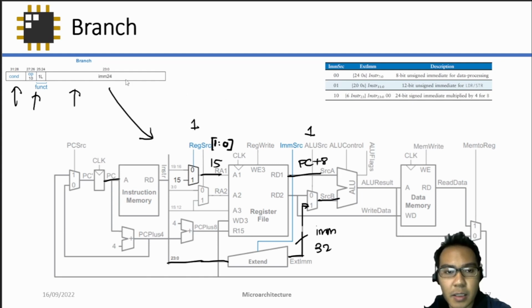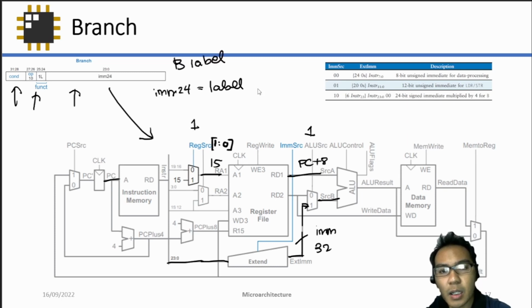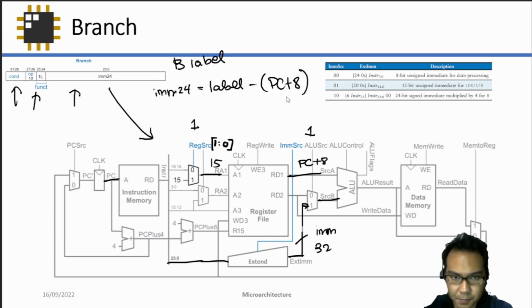So actually, the thing is, for branch instructions, if you may remember, the im24 is actually equal to the difference between the label. So say it's branch to label. It's label minus PC plus 8. So the difference between where the label is and the next instruction to where the branch is actually placed into im24.